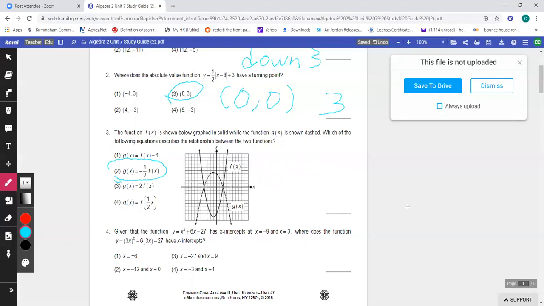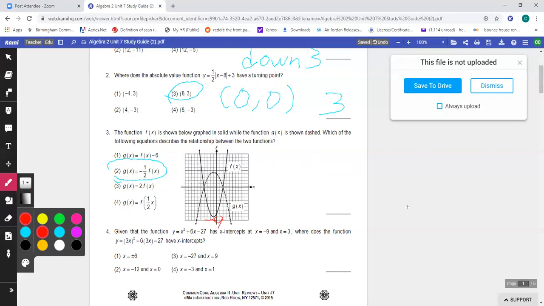But let's say that this wasn't multiple choice and you had to figure this out. Well, I know it reflects across the x-axis, so I know the negative has to be on the outside. And look what happens here. This f value, if I look at the y value here, I think I get -9 as my y value for the vertex.